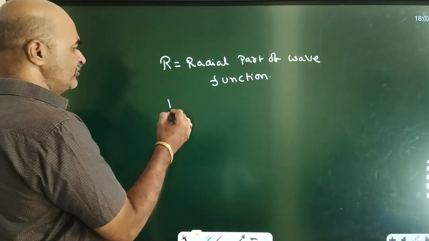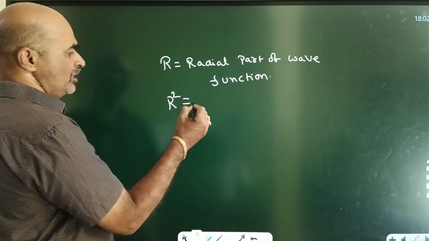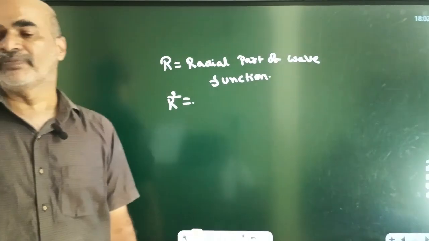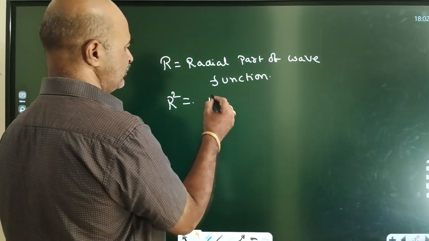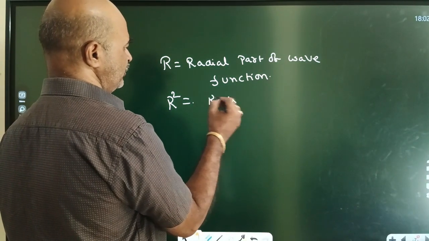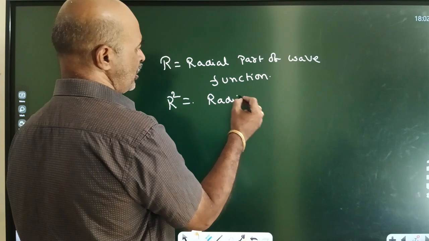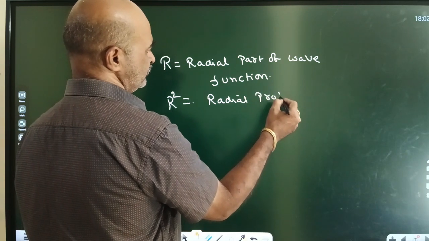R square is equal to radial probability density.